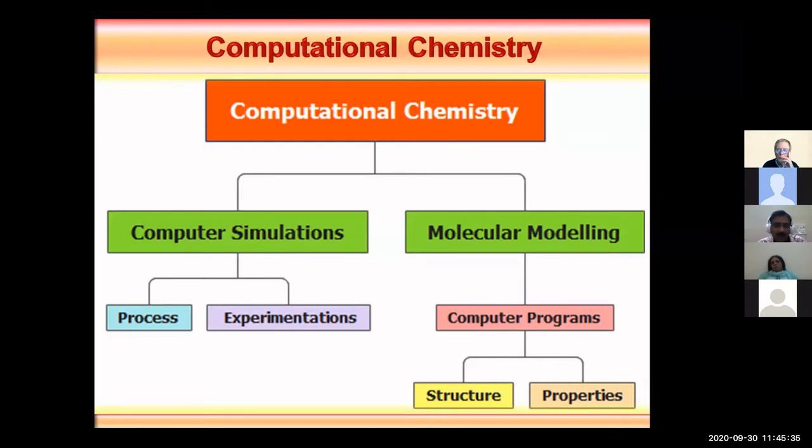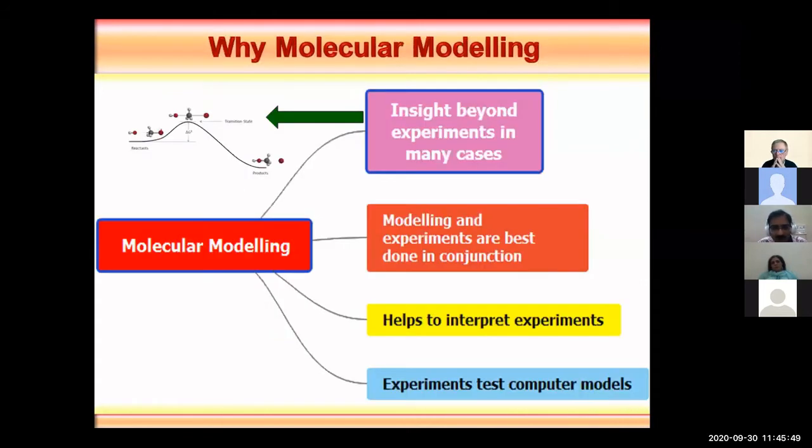Computational chemistry also brings about modeling of processes or experimentations, which is known as molecular simulation. So now we can make a distinction between simulations and molecular modeling.